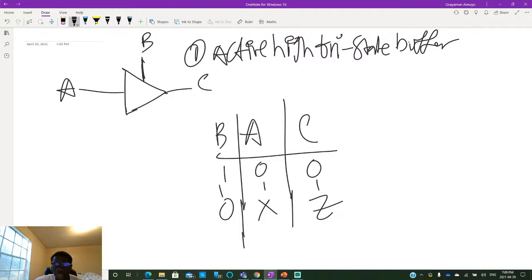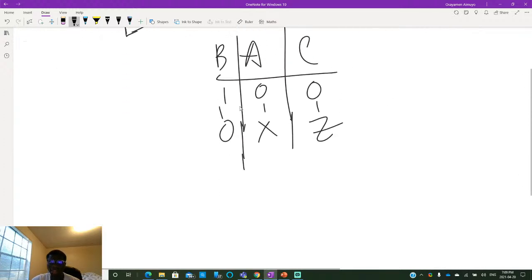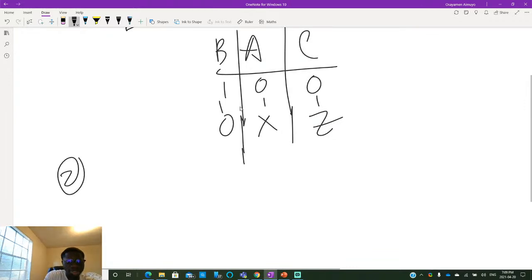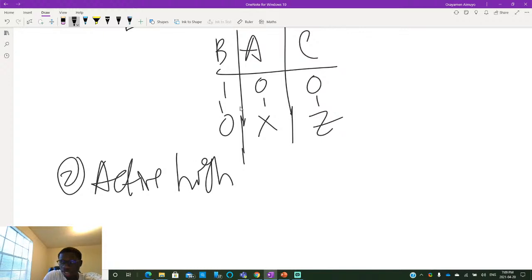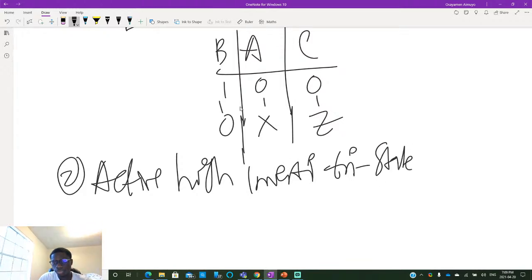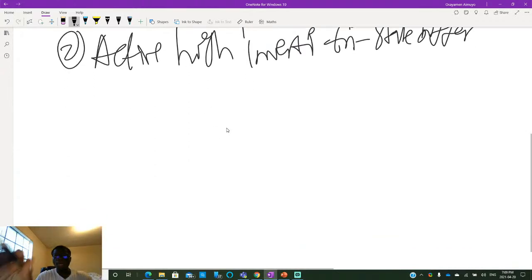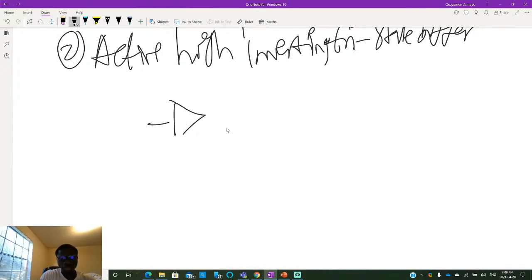And then we have variations of this. You can have another type called the active high inverting tri-state buffer. The diagram should give the details.